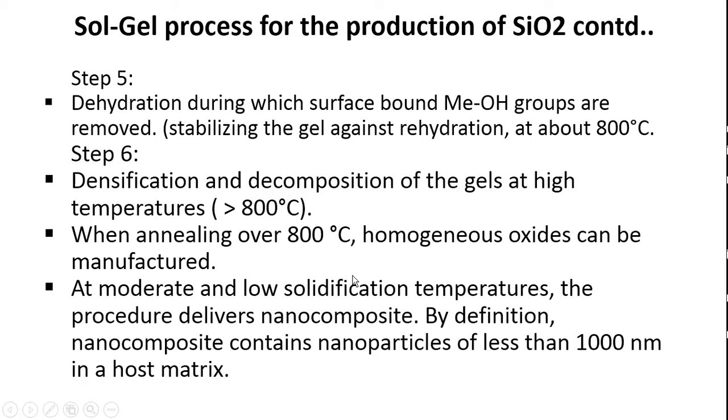Okay. So at these low solidification temperatures, this procedure delivers nanocomposites. Under these conditions, the solidification of this oxide material occurs at the surface, and we can see that the surface is delivered with a nanocomposite, or a material with particles of nanometric scale, of the order of size of nanometers.